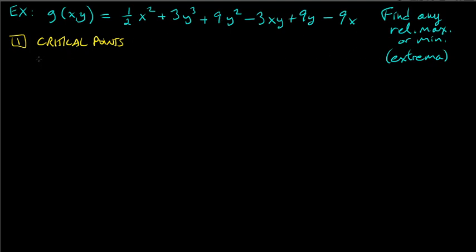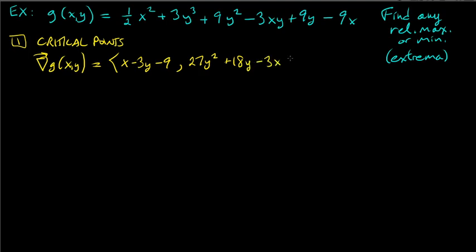So take the gradient and set it equal to 0. So the gradient is x minus 3y minus 9. That's the first component. The second component will be 27y squared plus 18y minus 3x plus 9.